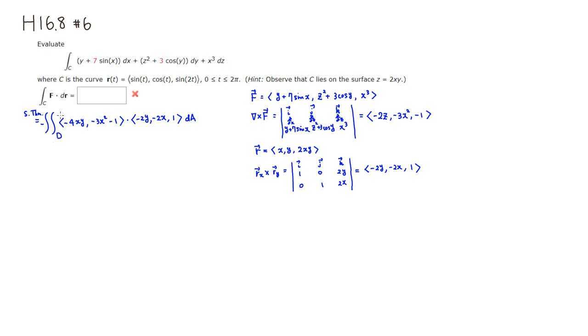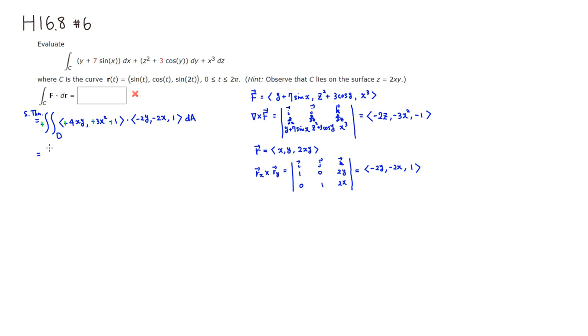All right, so we got that. Then let's compute this. First, I'm going to distribute this negative sign, so this is going to be positive, that's going to be positive, that's going to be positive.